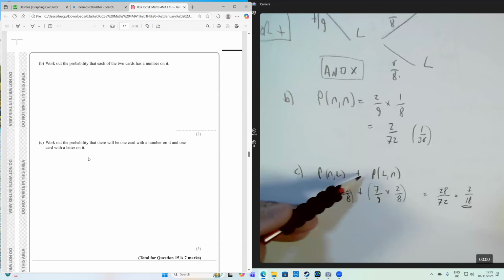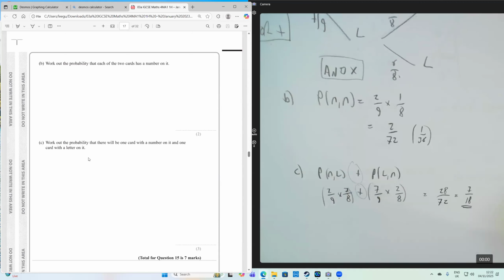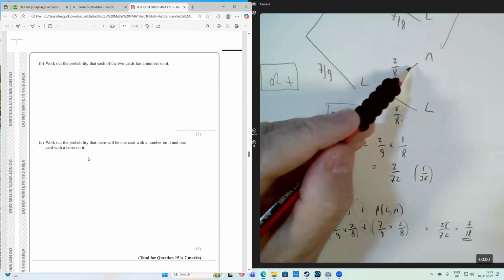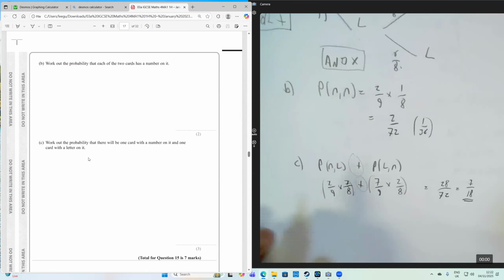Okay, so because I said or, I've put a plus symbol there. And letter and number is 7 over 9 times 2 over 8. So that's what we've got to work out. Those 2 fractions, and we add them together. And that gives us 28 over 72, which simplifies into 7 over 18. So that's our answer for that one, 7 over 18.